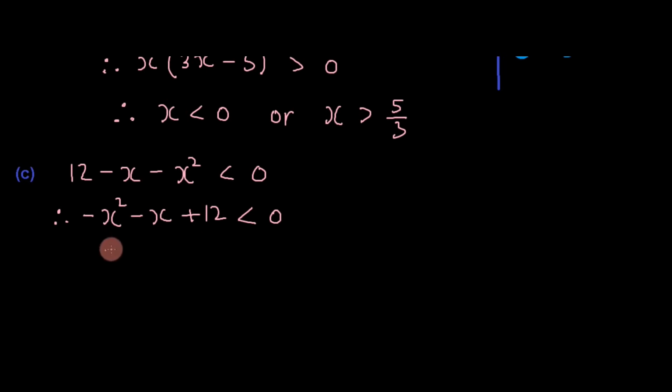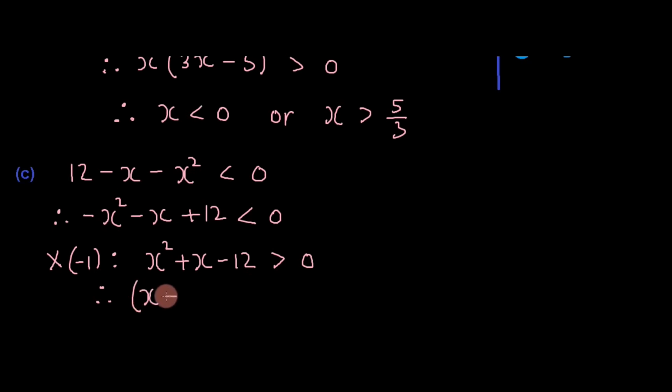Now we're going to multiply through by negative 1 in order to get a positive x squared coefficient. So it's x squared plus x minus 12, and the inequality will switch around, so greater than 0. We can factorize.